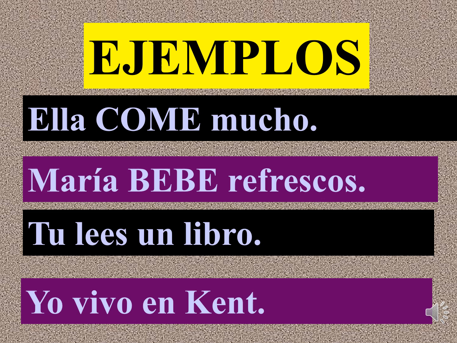Ella come mucho. María bebe refrescos. Tú lees un libro. Yo vivo en Kent. Taking these ER-IR verbs, checking what the subject is, making sure the verb ending agrees with whatever the subject is.